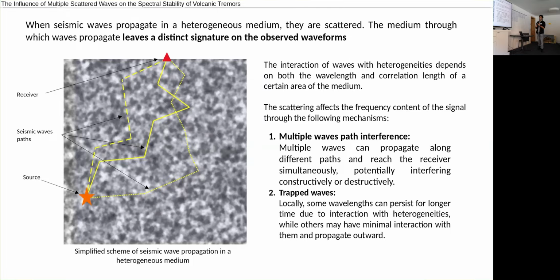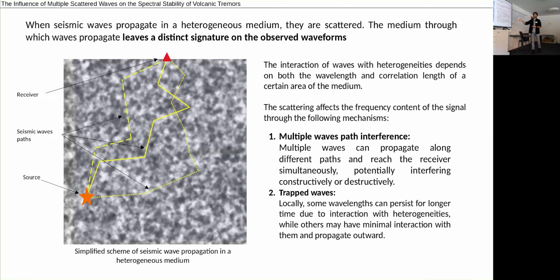But the scattering can affect the frequency content in two ways. First is that we could have an interference due to multiple paths, which means that from one source, waves are getting to a certain receiver through different paths, and so we can have a sort of interference in the frequency domain, so it's related to the path.